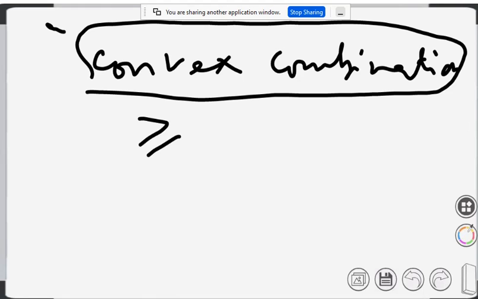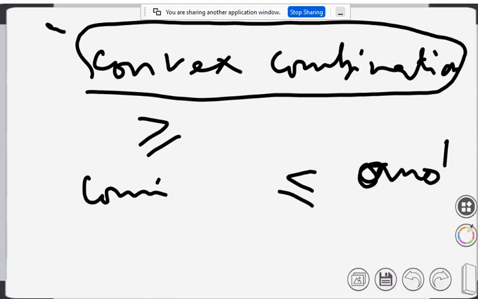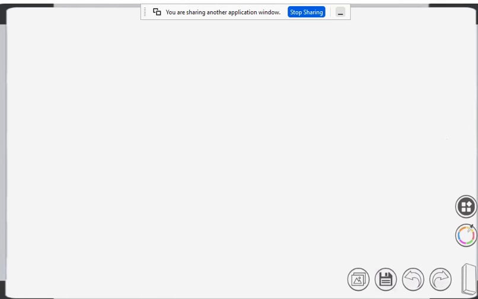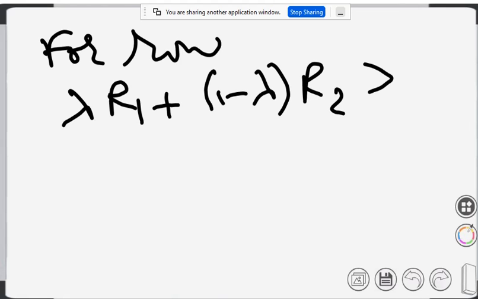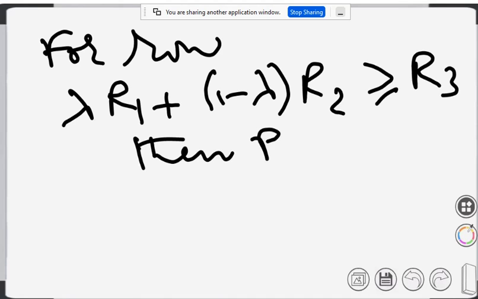This is for the row. And for columns, if a convex combination of any two columns is less than or equal to another column, then it is dropped. For rows, we write it this way: lambda r1 plus 1 minus lambda r2 is greater than or equal to r3, then r3 is dropped.